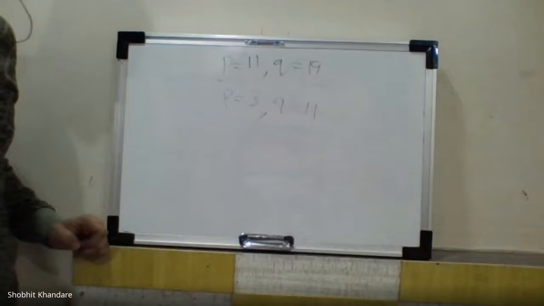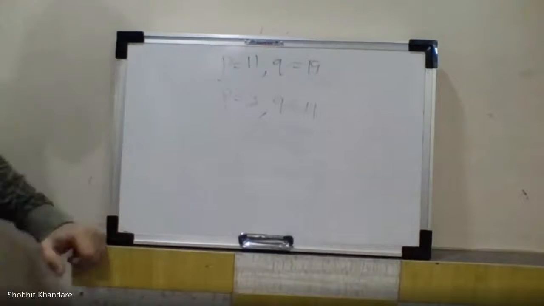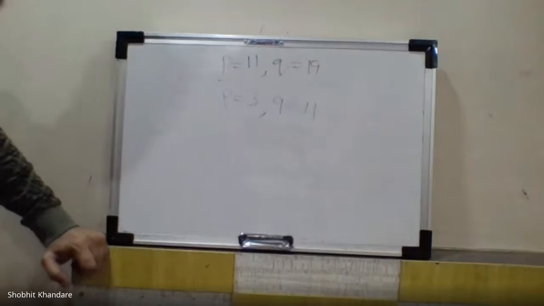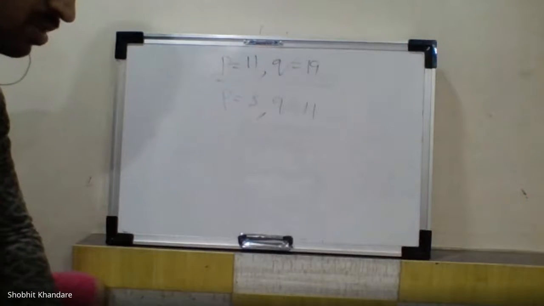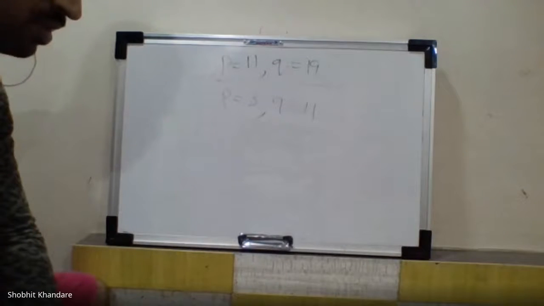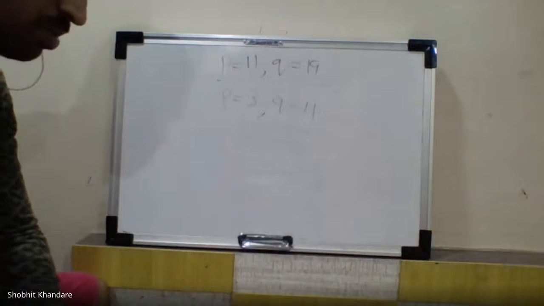Here we are supposed to find two keys. Number 1, public key, small e, which is used at encryption, and number 2, private key, small d, which is used at decryption.